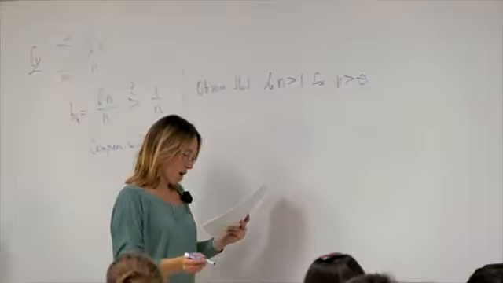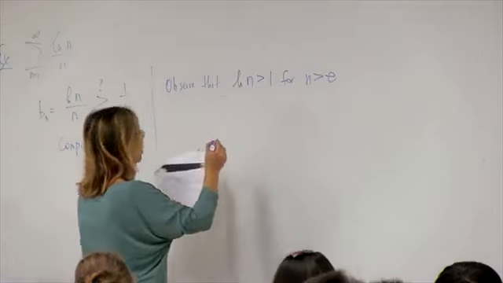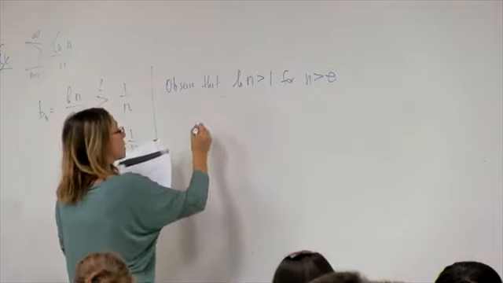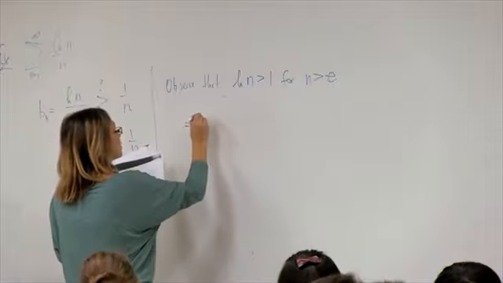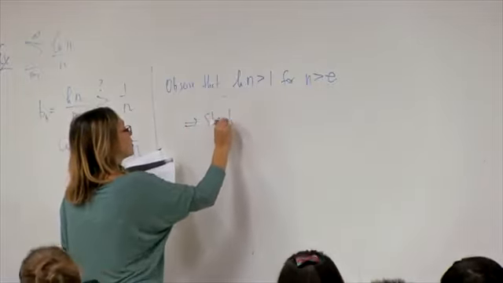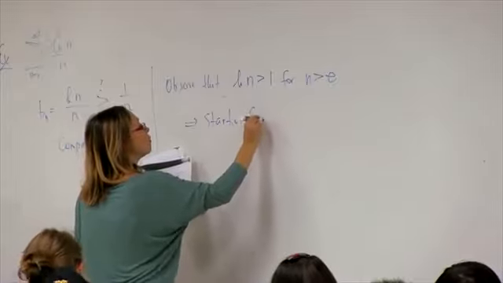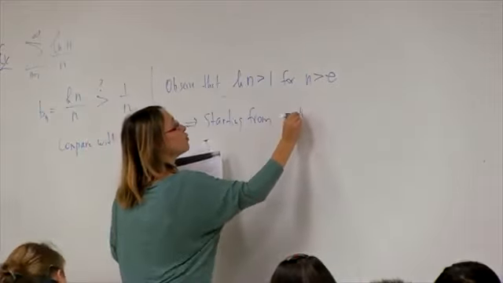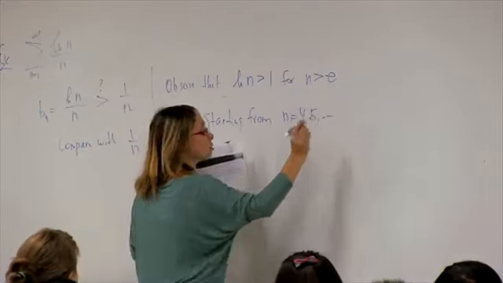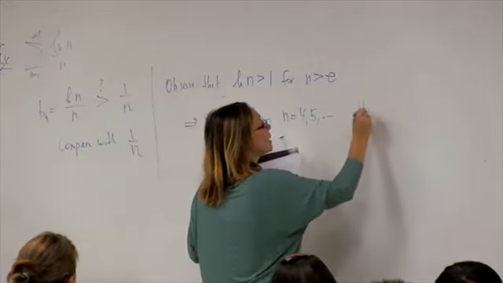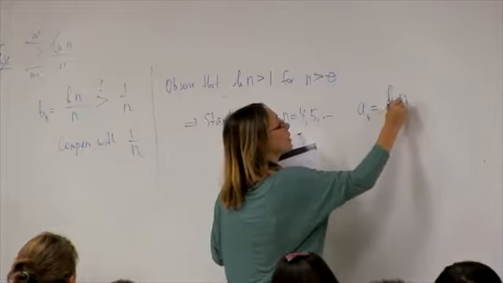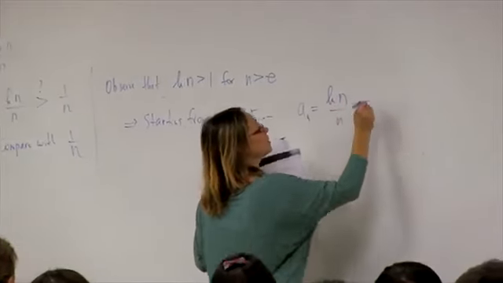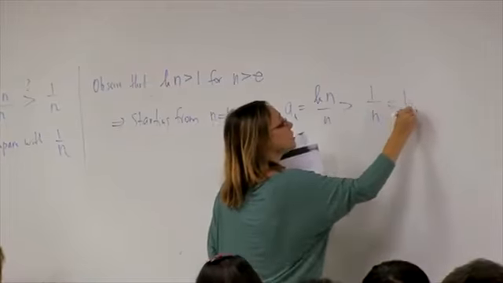Okay? Starting from, for instance, n equals 4, 5, and so on, we have an, which is log n over n, greater than 1 over n, which is bn.